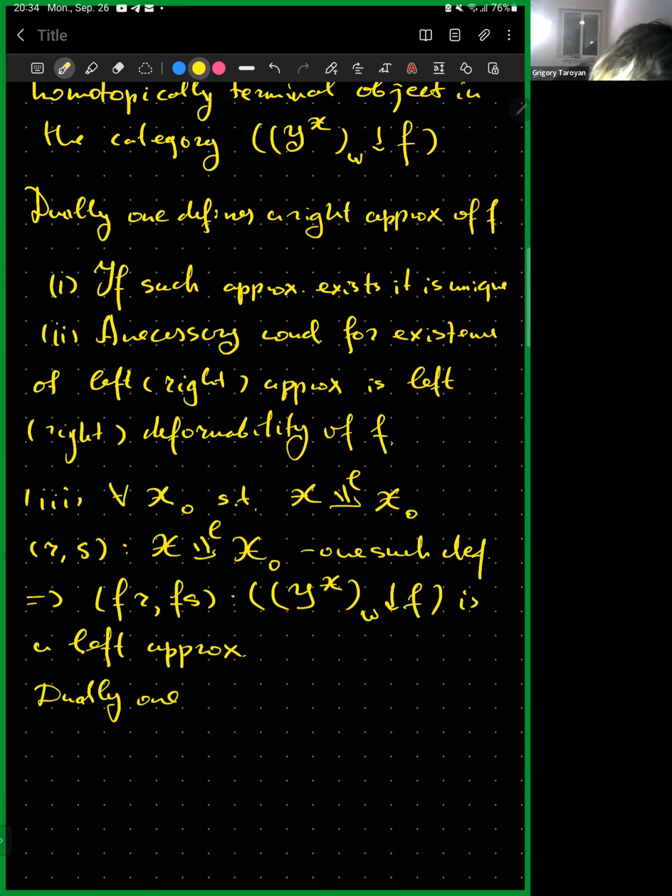Dually one constructs a right approximation from a right deformation.